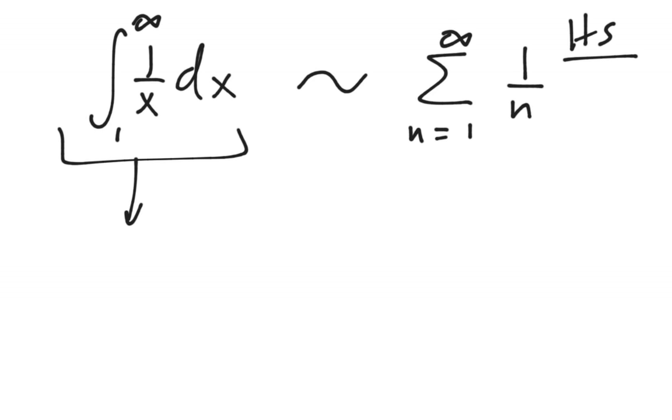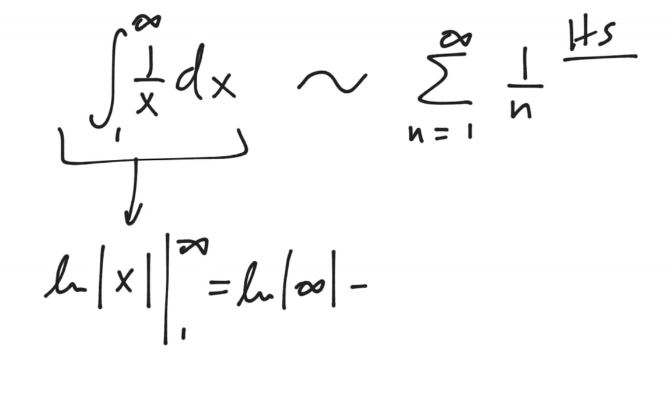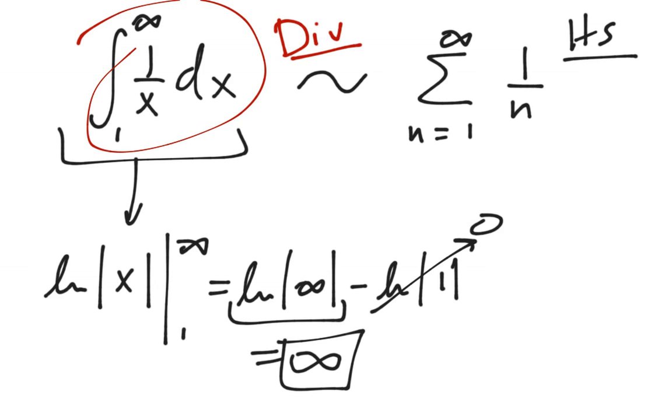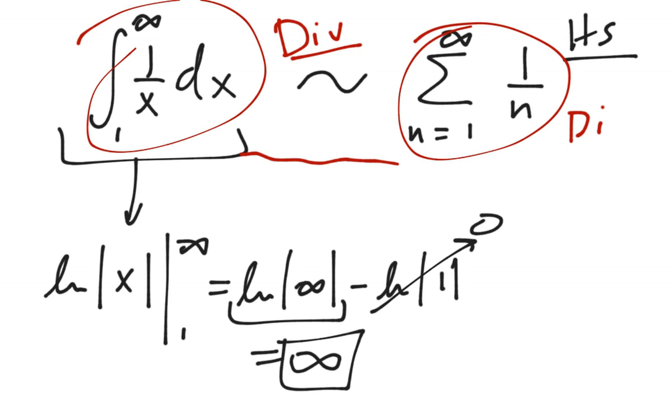Well, the integral of 1 over x is natural log, so we have the natural log of absolute value of x evaluated from 1 to infinity. Plugging in the limits, we get ln infinity minus ln of 1. The ln of 1 is 0, and the natural log of infinity is, guess what? Infinity. Therefore, this integral diverges, and because using the integral test, these go hand in hand, this summation will also diverge. So that's another way to prove that the harmonic series diverges.